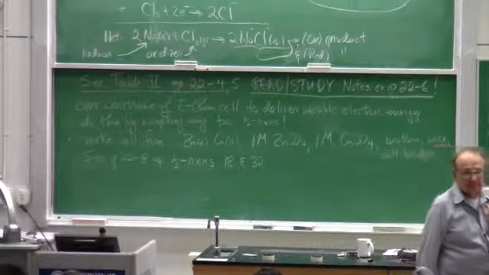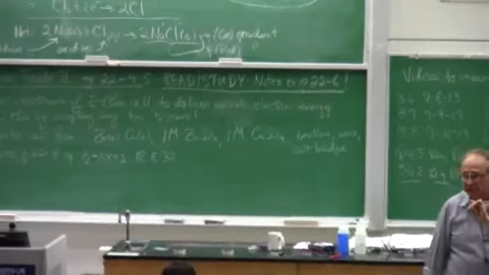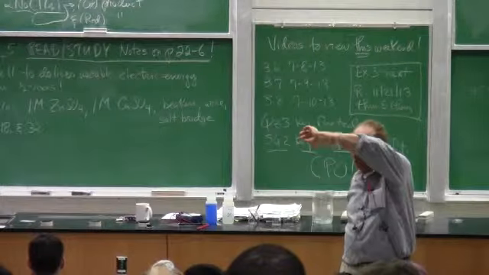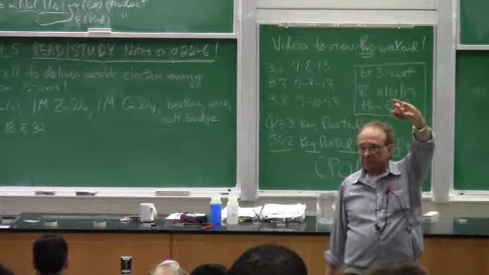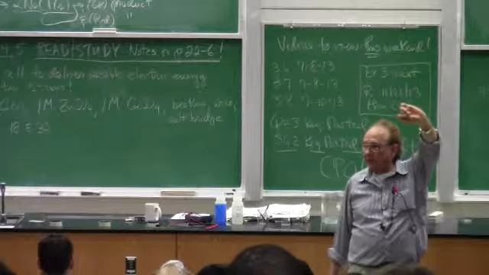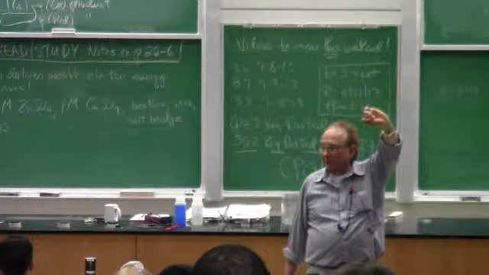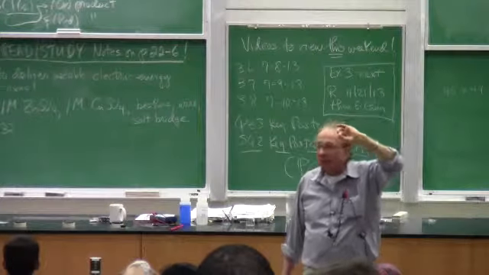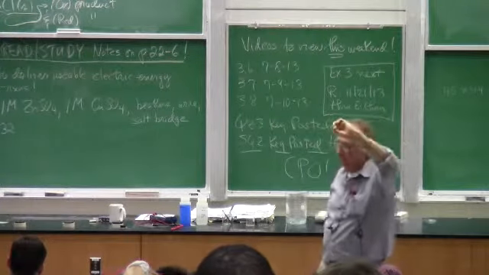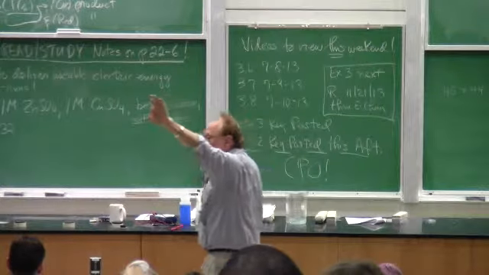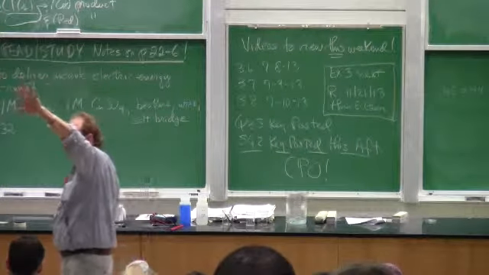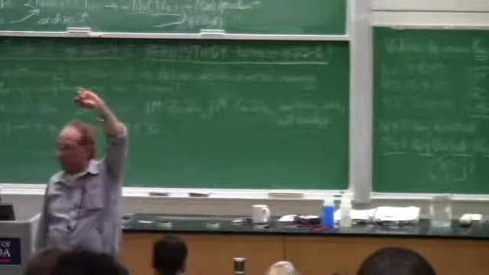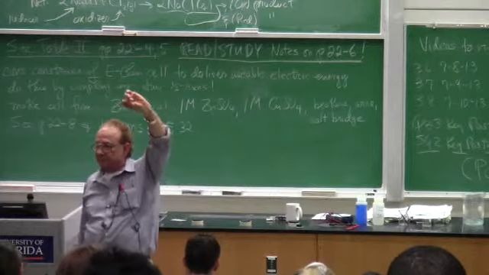From the table, you can make such a cell by taking any half reaction you want and selecting another half reaction which meets the requirement of being positioned in the table lower than the first half reaction you selected. Pick any half reaction you want and pick any other half reaction in the table that's underneath the half reaction you picked, someplace underneath.